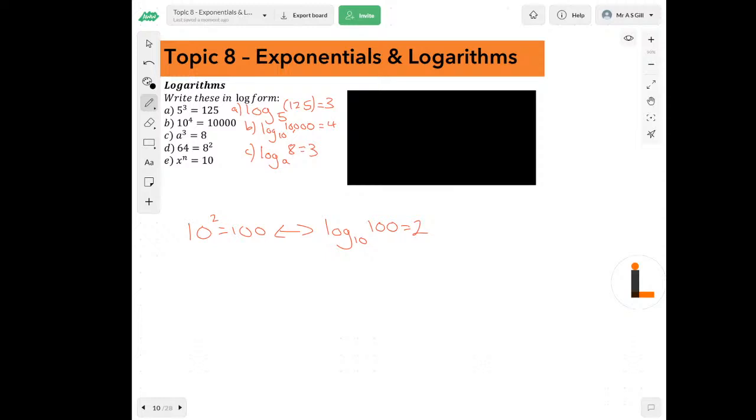So C is slightly more complex because we've got an algebraic term and it's not as easy to conceptualize. But we should still understand that A is our base number, so that's what becomes the base of the log. And we're taking the log of 8.